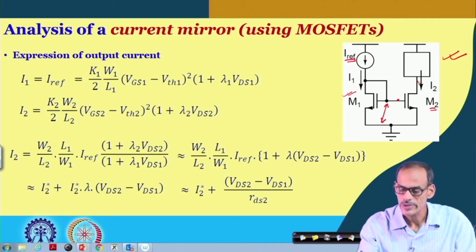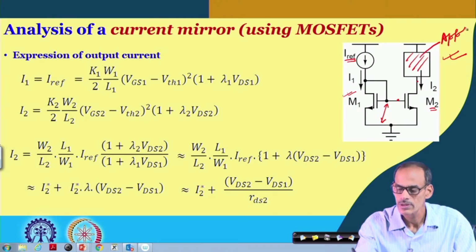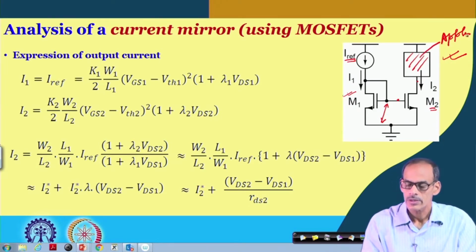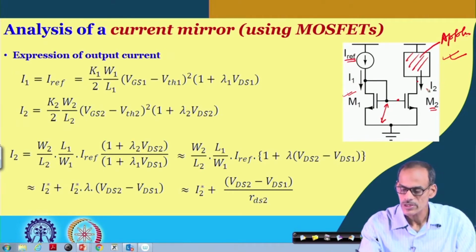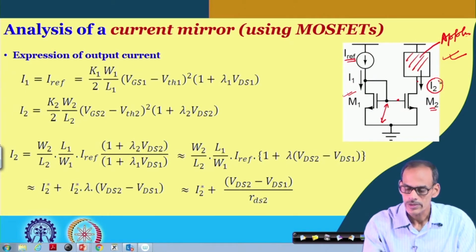Transistor 2 is connected to the application circuit, and we would like to get the expression of the current I 2 in terms of the reference current, or you can say I 1, and the size ratio of M 1 and M 2.